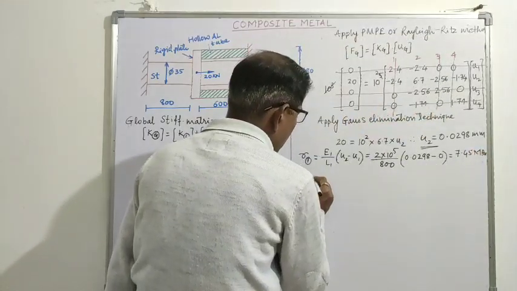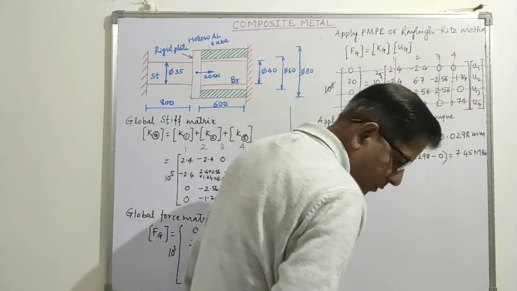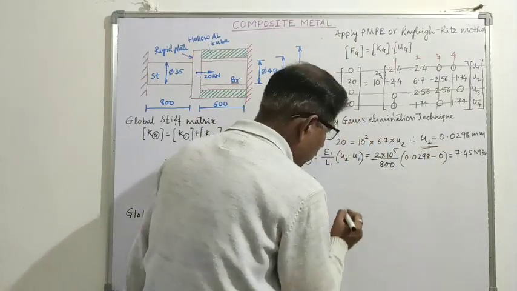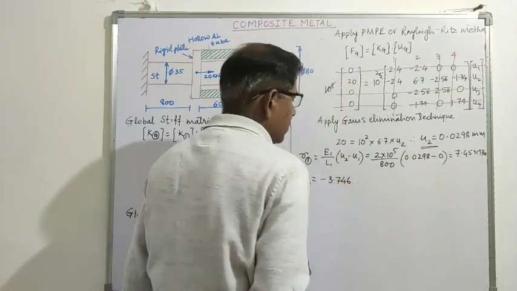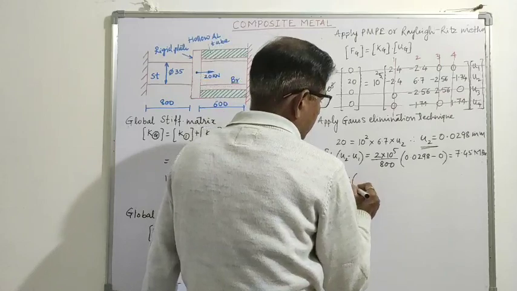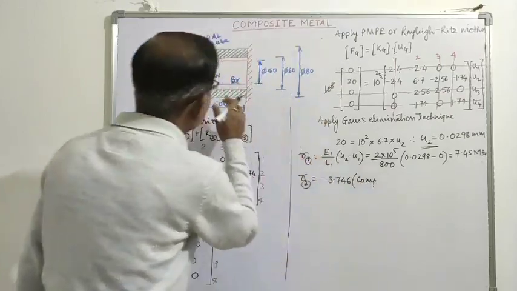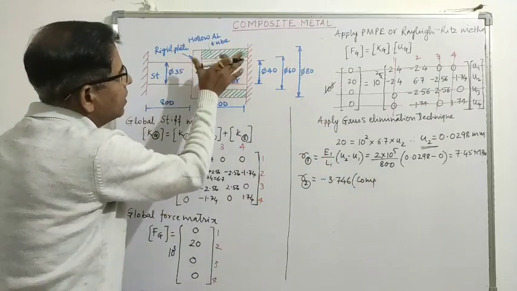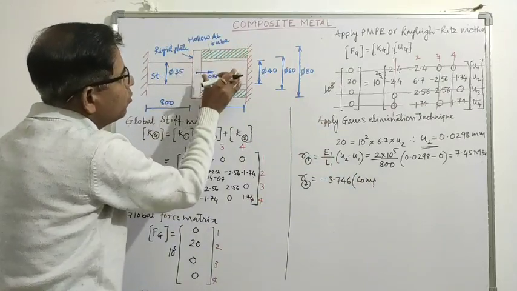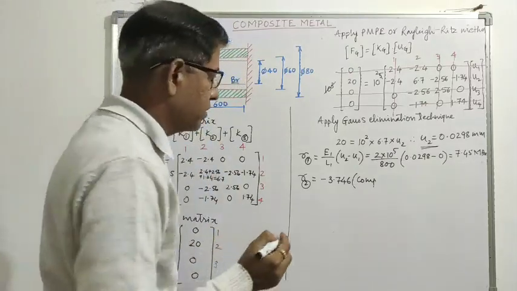Then sigma 2 is similarly calculated as minus 3.746. So that is compressive. Now here you can see that because of this force in this direction, the aluminium tube and brass member will undergo compressive stress.